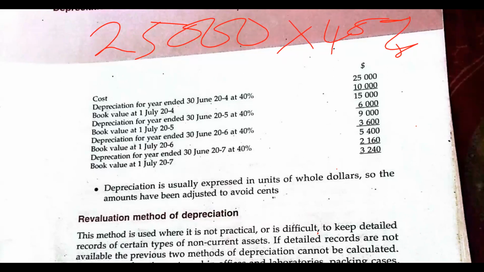What is 10% of 25,000? So it is $10,000.